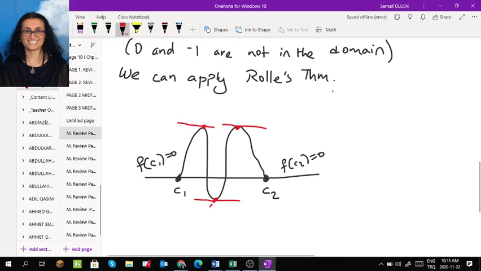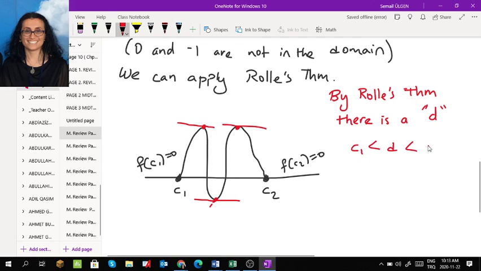So by Rolle's theorem, there is a D in this interval such that C1 less than D less than C2.